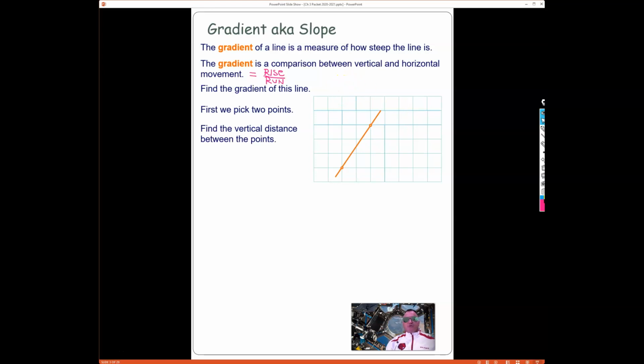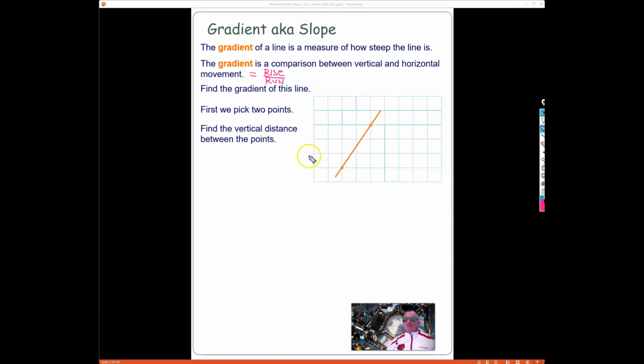Later on we'll do some examples when the scale is not the same, and you've got to be careful when you count. But here, what I mean by the scales is the x distance here is the same as the y distance. These are square boxes.